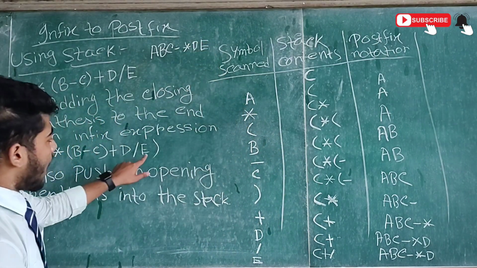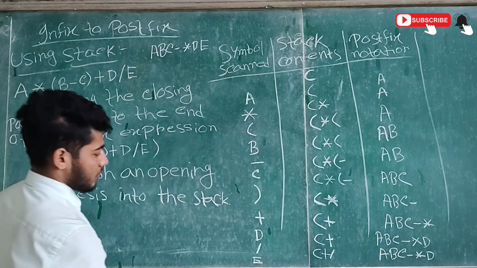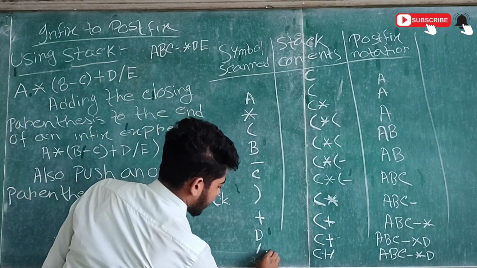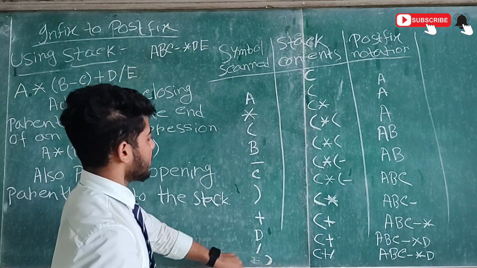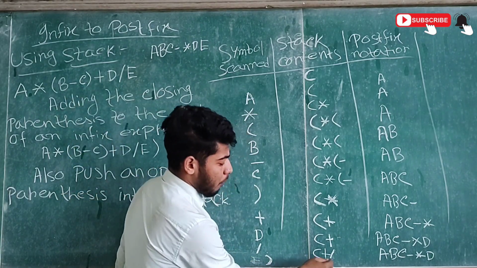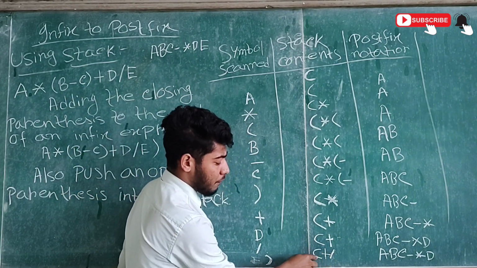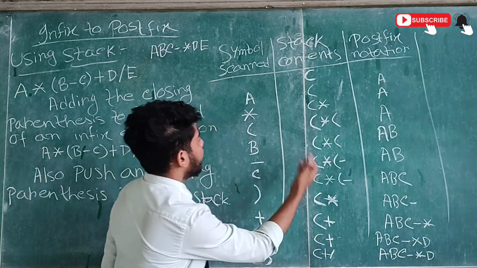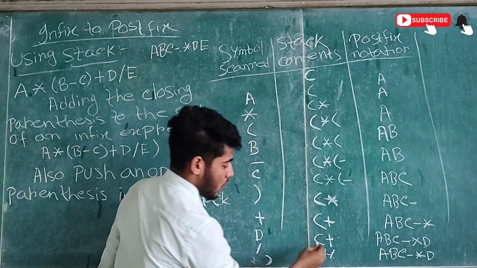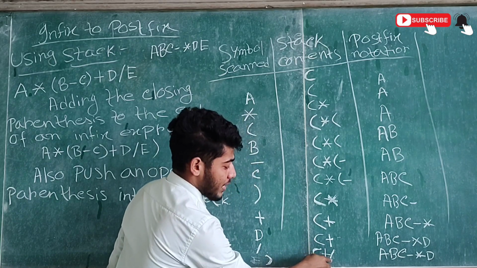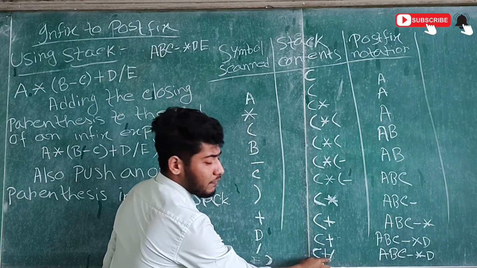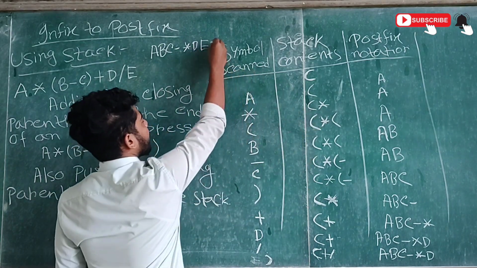Now the right parenthesis. If the right parenthesis is present, then repeatedly pop all the operators from the stack and add them to the postfix until the left parenthesis is encountered. So first the top operator is divide, so divide comes here.